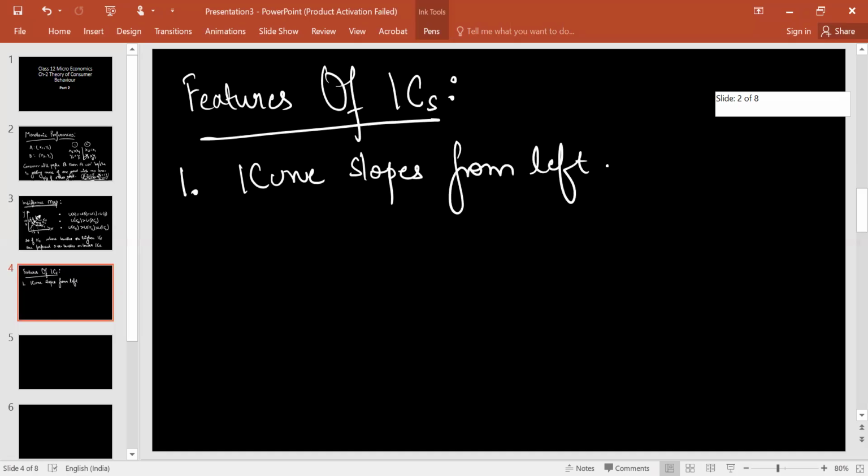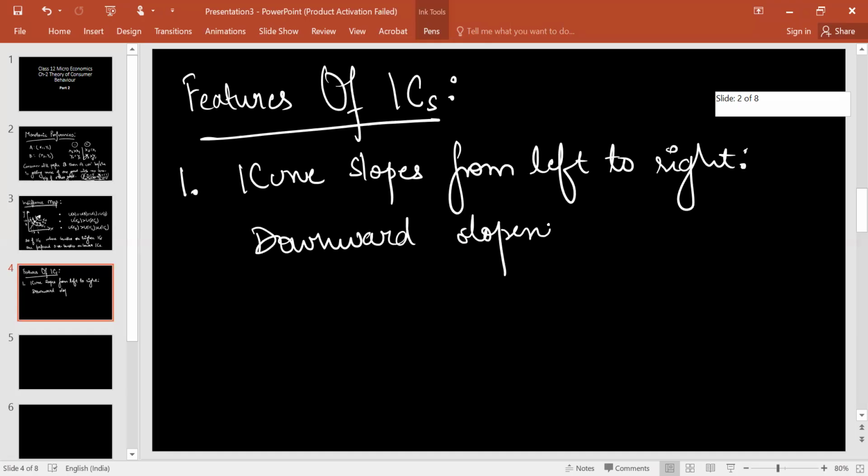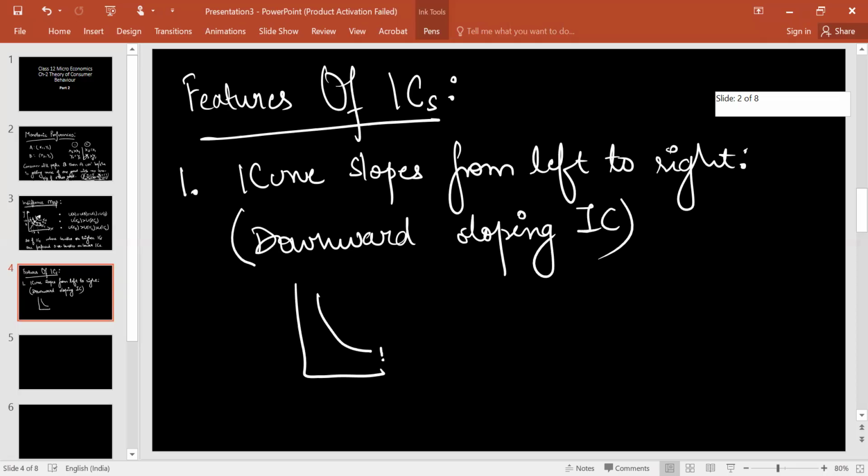It is a downward sloping indifference curve. Okay, that is what we know about indifference curve. That yes, it is from left to right and it slopes downward from left to right. Okay, so here it is downward.